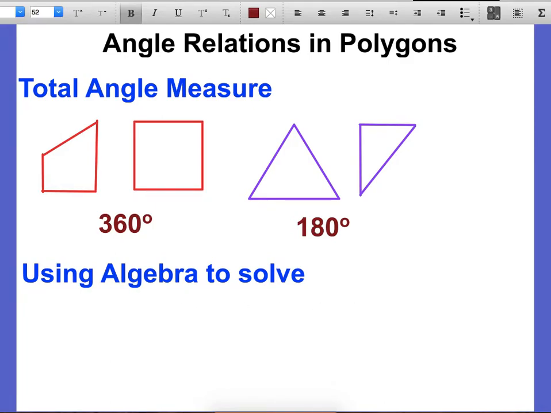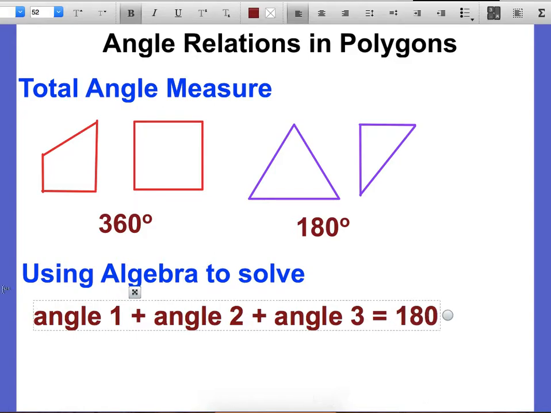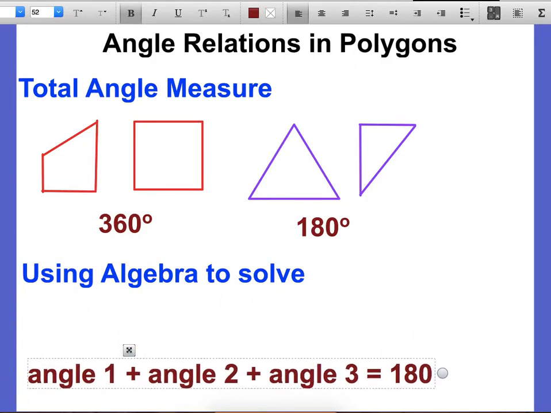When we're using algebra to solve, we're going to look at angle measure 1 plus angle measure 2 plus angle measure 3, so this would be for a triangle, would equal 180 degrees. We're usually given some of these values so that we can find the other ones.